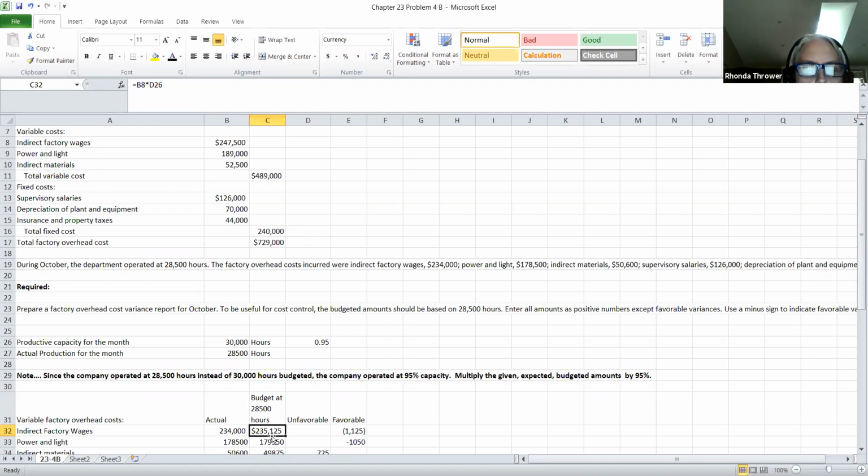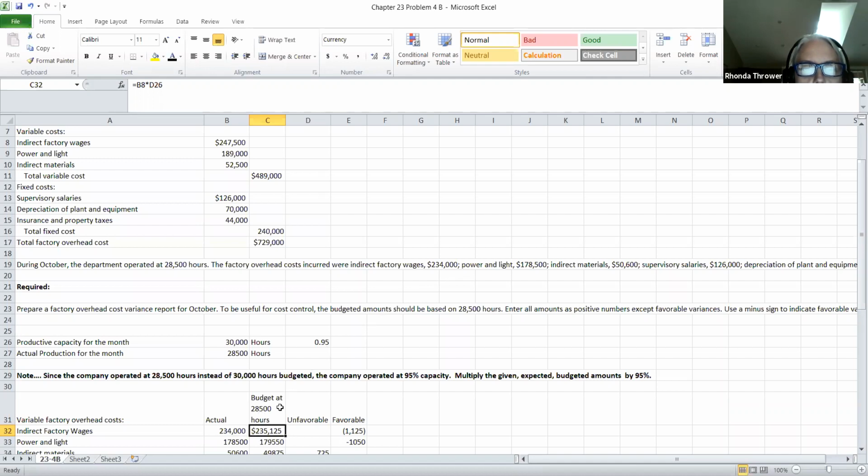And so this is the budgeted amount that we're going to compare with the actual amount that was given to you right here. These are actual figures right here. My actual indirect wages was 234,000 that I plugged here. Then I had to determine the budgeted amount at 28,500 hours.